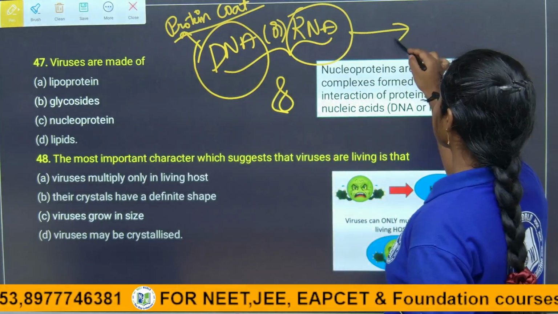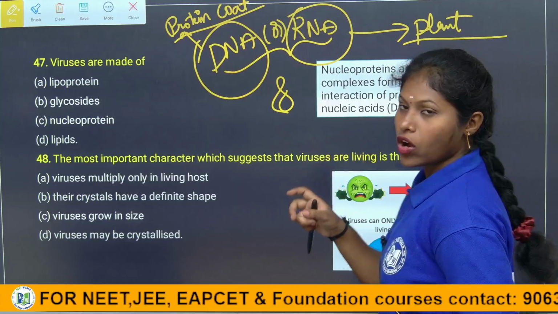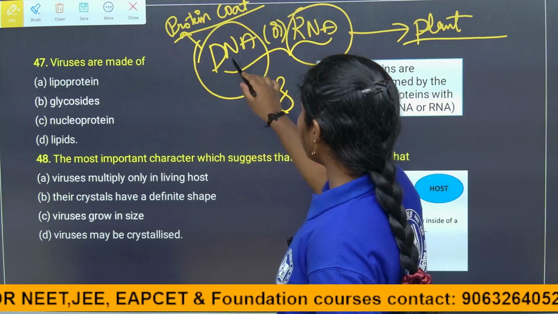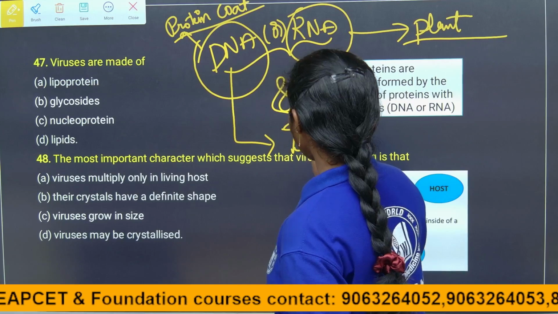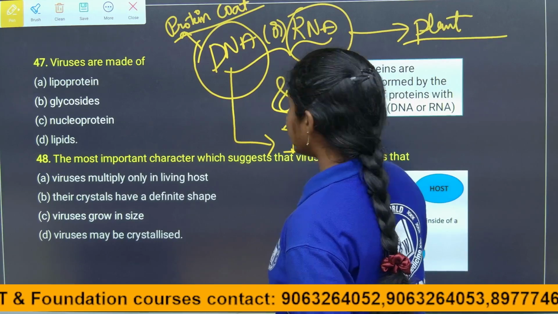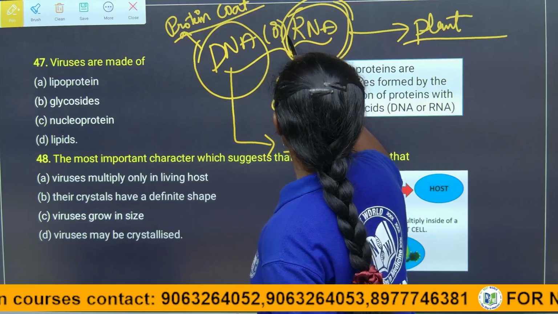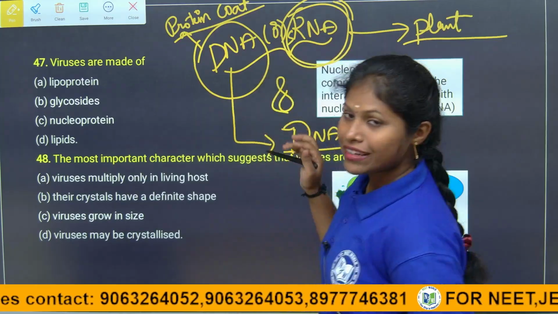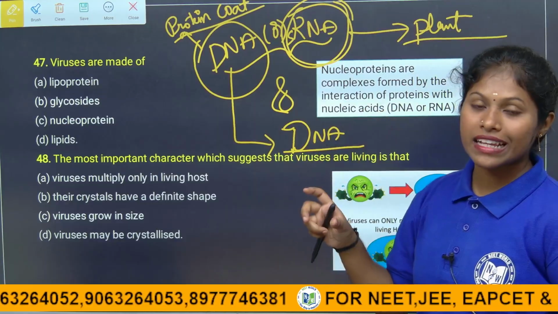Plant diseases are mainly caused by RNA viruses, and in human diseases the genetic material is mostly double-stranded DNA. The plant-causing viruses mainly have single-stranded RNA as genetic material.